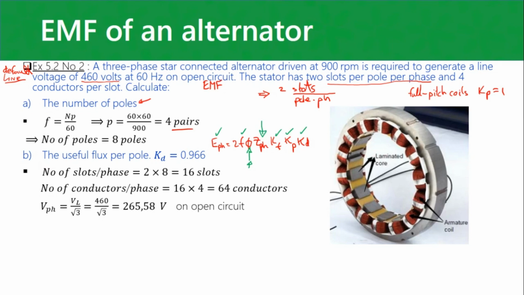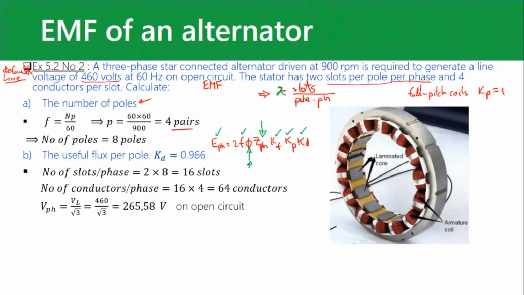Well, we know that we get 4 conductors in every slot. So we better work out the number of slots. The number of slots per phase, so now use the units to your advantage. If I multiply this 2 slots per pole per phase by the number of poles, I cancel that.